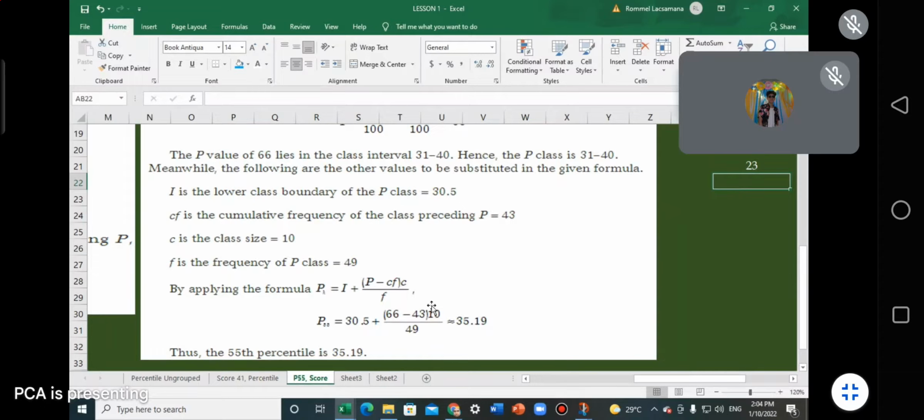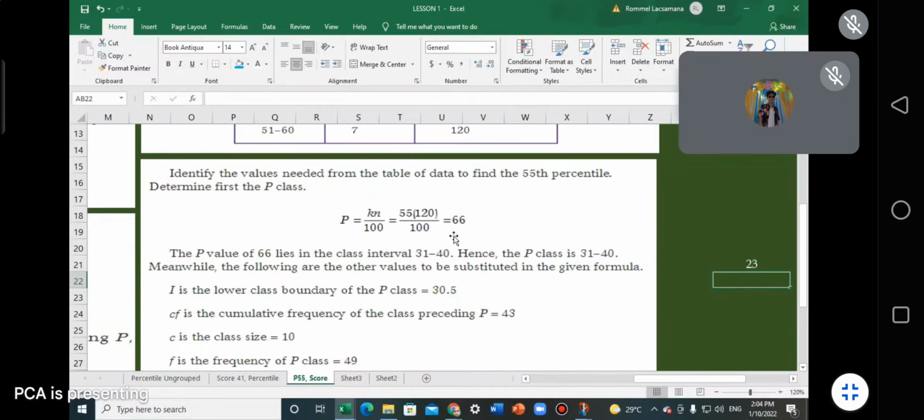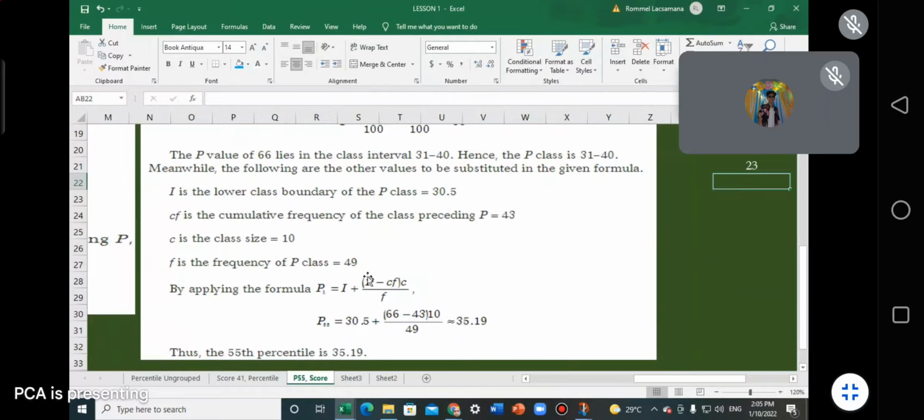Again, the 43 is the cumulative frequency of the class preceding. You deduct it from the 66. 66 is the P value of that 55th percentile.